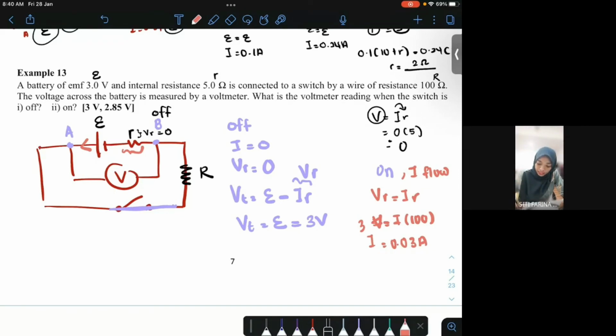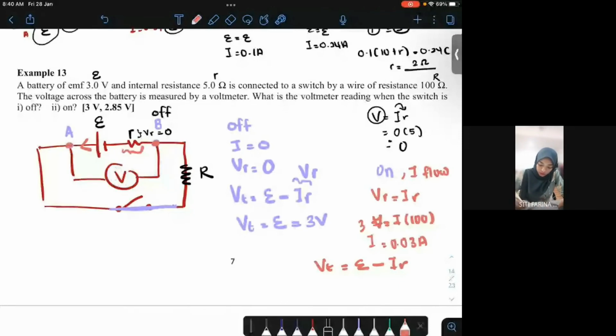Dah dapat nilai I. So sekarang kita masukkan dalam equation EMF tolak dengan IR sama dengan V. Ini kita akan detect dekat sini. So selepas dia overcome, this is how much dia nak bagi dekat terminal. Yang selebihnya dia nak bagi. So bila dia nak keluar dekat sini, at the moment dia akan detect dululah. Oh, this is how much potential you have. So by the time sampai sini, that is how much you're going to have juga.